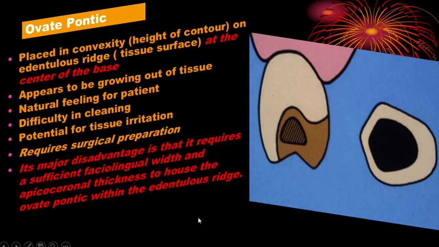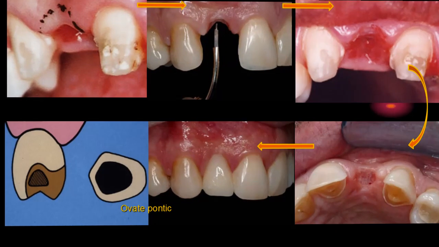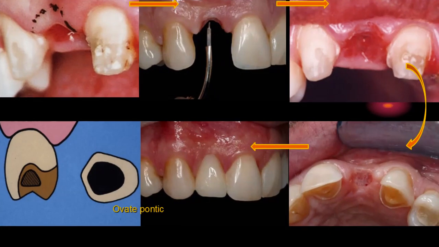هذا نسميه الاوفيت بونتيك. طبعا الكونتاكت اكثر اعلى. اوكي، most of the time can be used when the tooth lie in appearance zone بالmaxillary incisor and premolar. مثل ما نشوف هذا هو surgical pre-treatment or preparation of the area to receive ovate pontic.